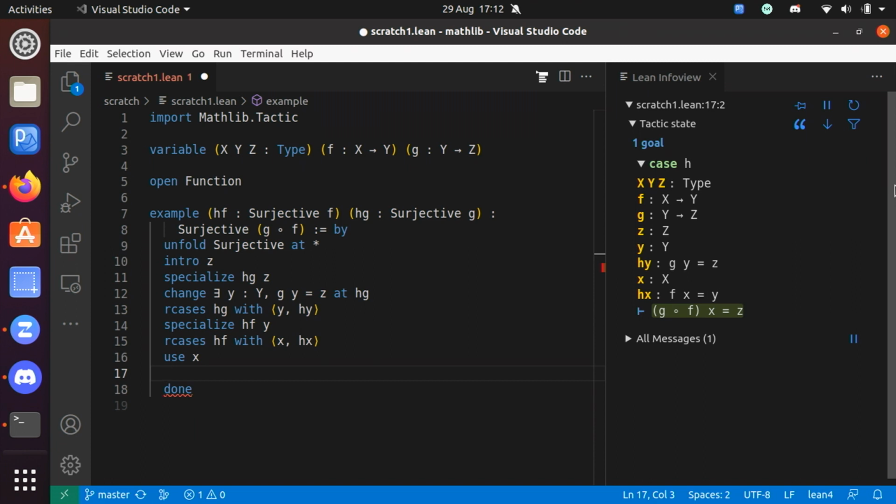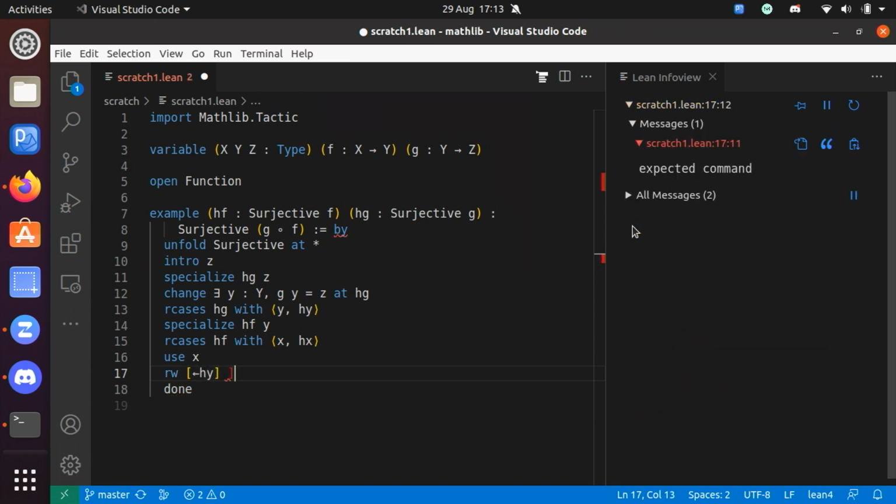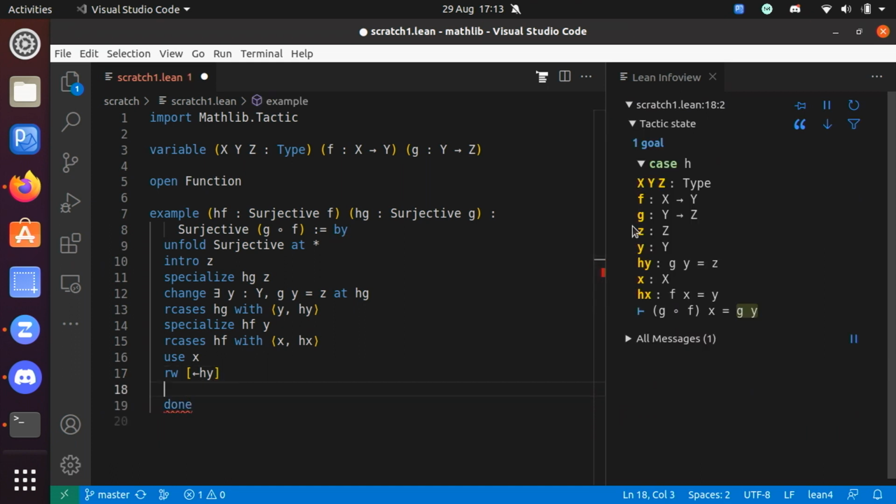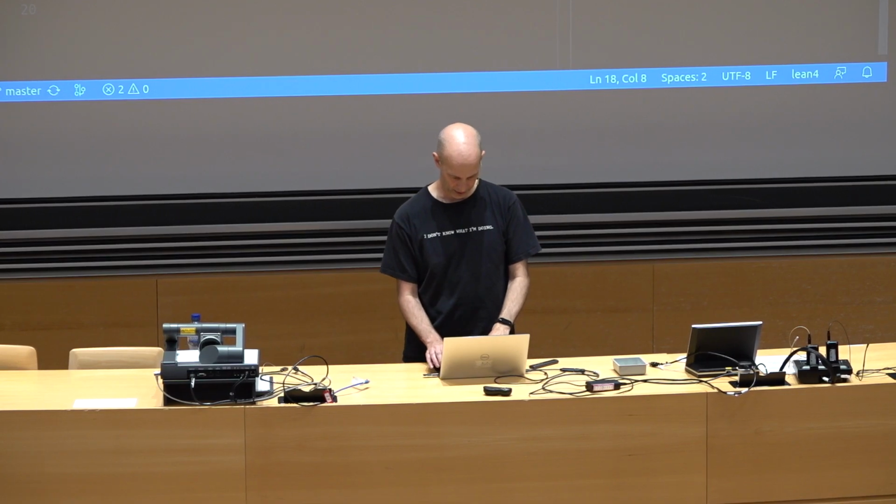All right. I know that z is equal to g of y. So let's rewrite hy. That should change the z's. There we go. That line there changed z to g of y, and then I'll do the same thing here. Rewrite hx.